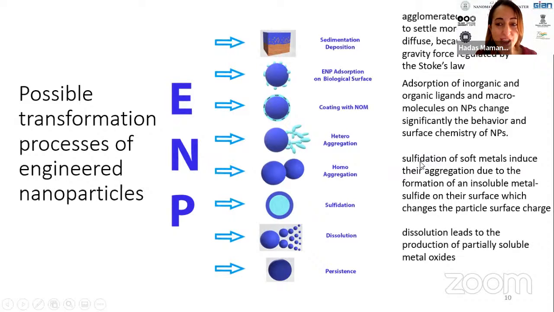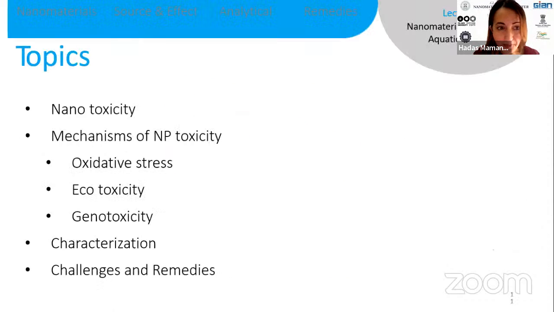Another issue could be sulfidation of soft metals that induces their aggregation due to formation of insoluble metal sulfides. And we can also have dissolution, leading to the production of partially soluble metal oxides. So all these phenomena can occur with engineered nanoparticles.